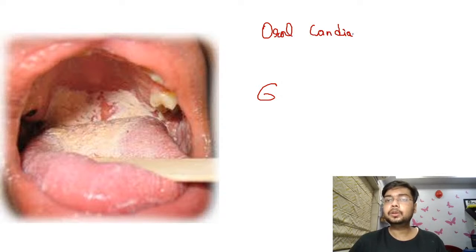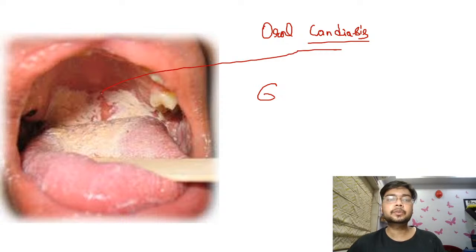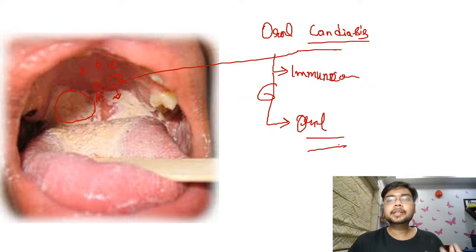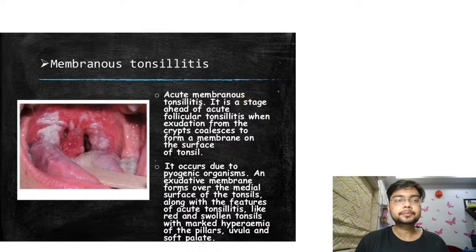So you all know this oral candidiasis, where you will get sloughy white patches deposited over the oral cavity. It can be discrete also, it can be a patch also, usually occurring in an immunocompromised state. So any history of an immunocompromised state, or any history of usage of oral corticosteroid sprays, like in asthmatic people, so this oral candidiasis can occur due to decreased local immunity due to steroids.